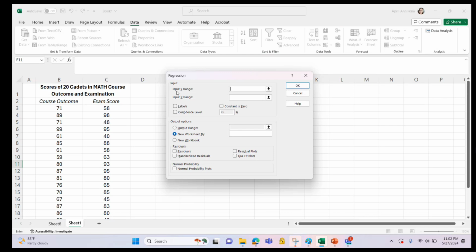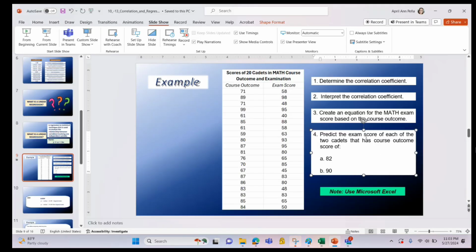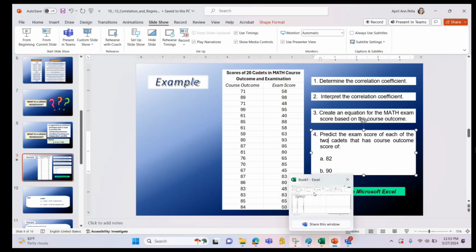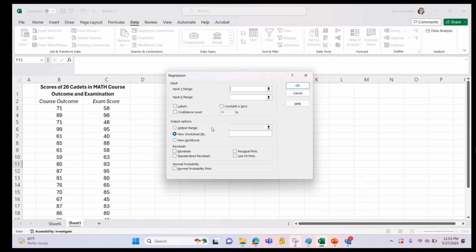The dependent variable is your y. If we go back to our PowerPoint, it is said to predict the exam score, this one, number 3. So create an equation for the math exam score. That is the dependent one, and that would be our y. Okay, so going back to the Excel.